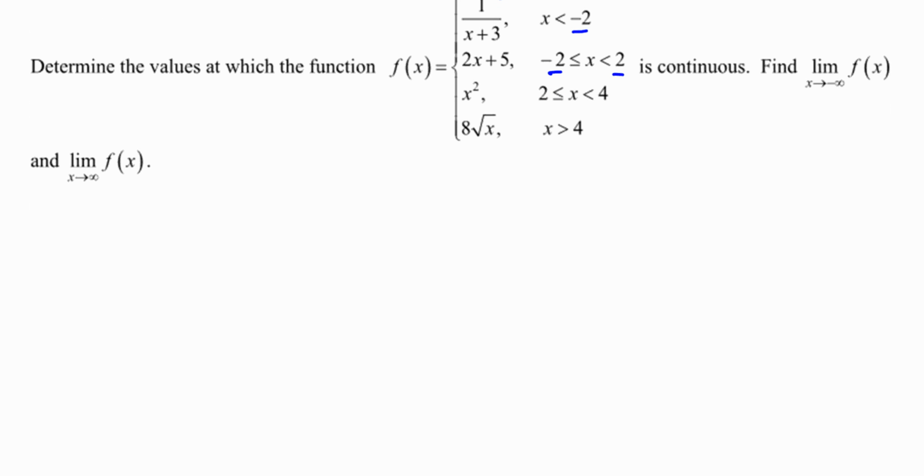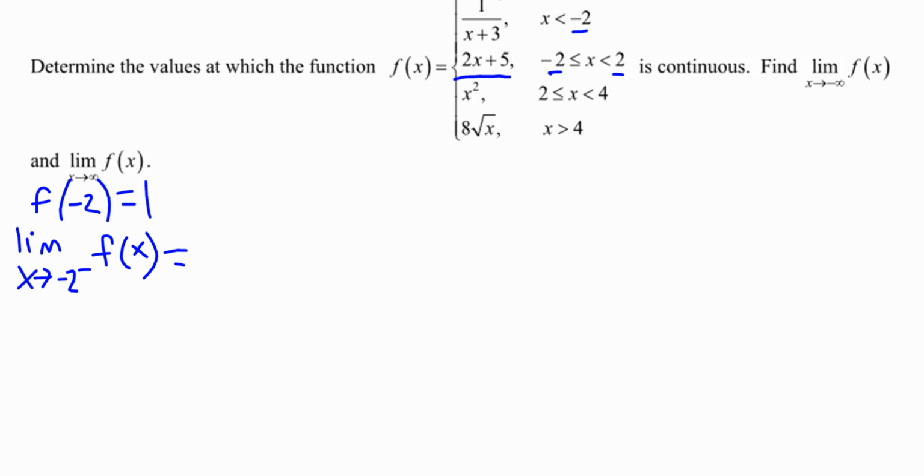Alright, so what is f of -2? Let's check that out. Plug -2 in to this part. Okay, so we get -4 plus 5, that's 1. The limit as x approaches -2 from the left. So the left side, okay, smaller than -2, that's going to be 1 over x plus 3.